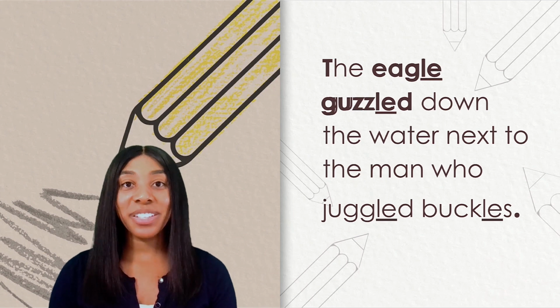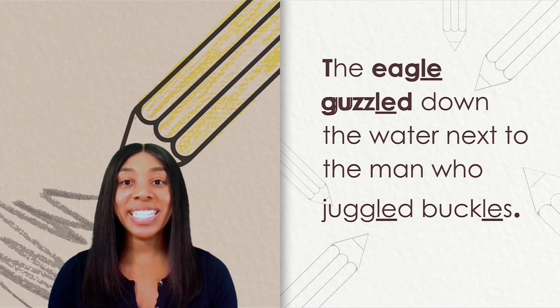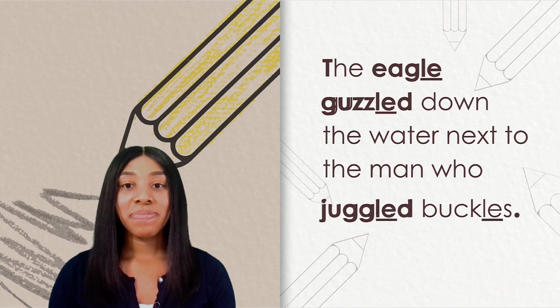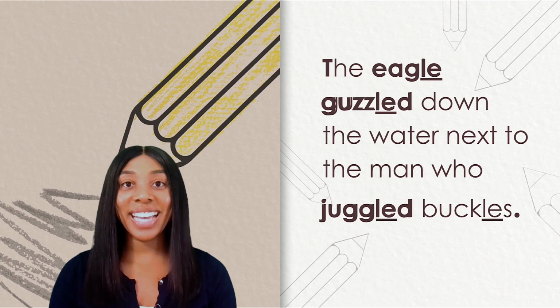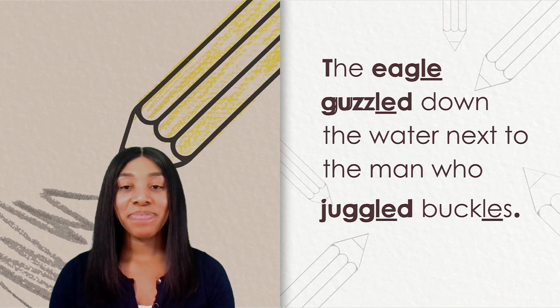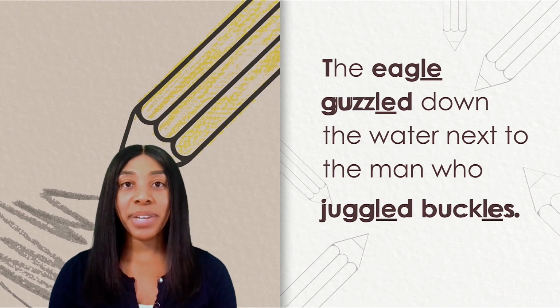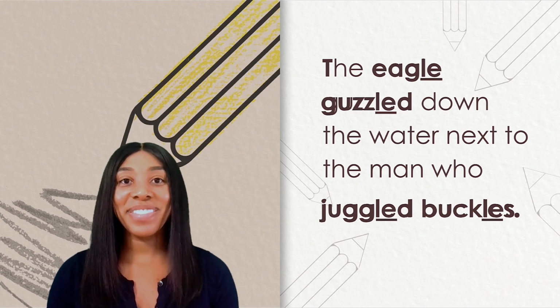My second word I used was guzzled. And as you can see, I added the suffix ed. The next word I used was juggled, which also has a suffix ed. And the last word I used was buckles, which is a new ending of S.